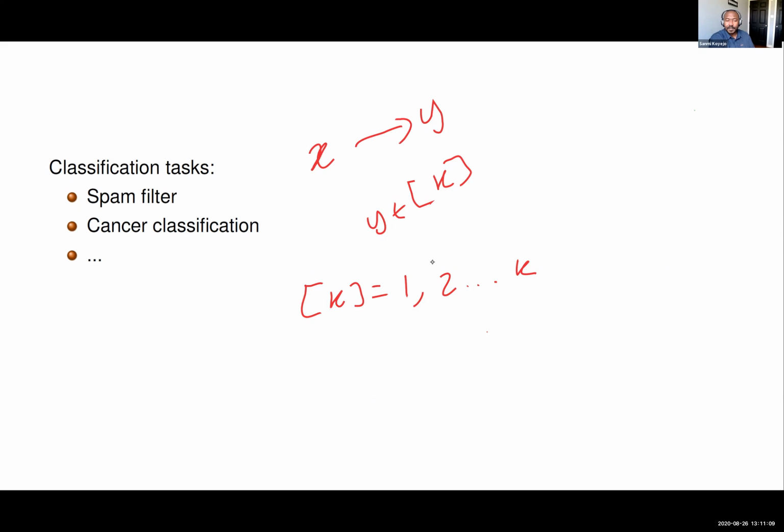Apart from classification, is anyone aware of other kinds of settings? What else might I be interested in predicting if I wasn't predicting categories? Maybe in the chat. Yeah, so regression, I think, is the most common other one.